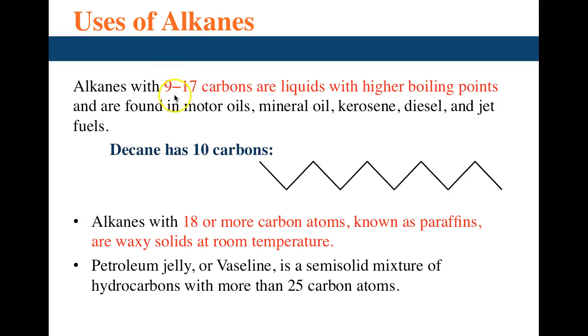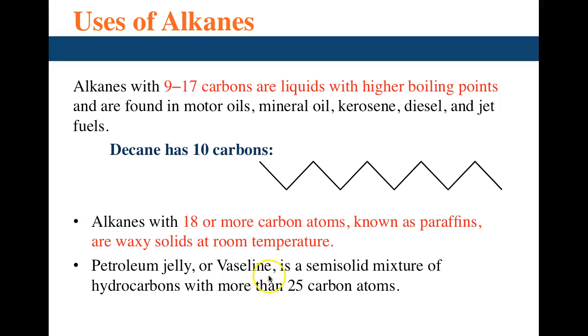Now, once you go beyond 9 carbons, 9 to 17, they are liquids also, but with higher boiling points, like the motor oils and the kerosene, diesel, etc. All right, 18 and more, they're called paraffins because they're kind of like wax at room temperature.